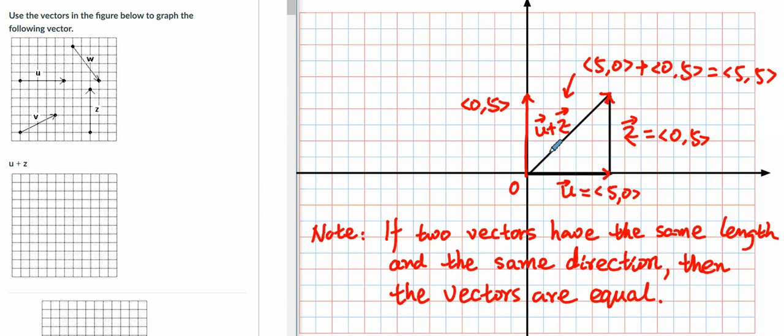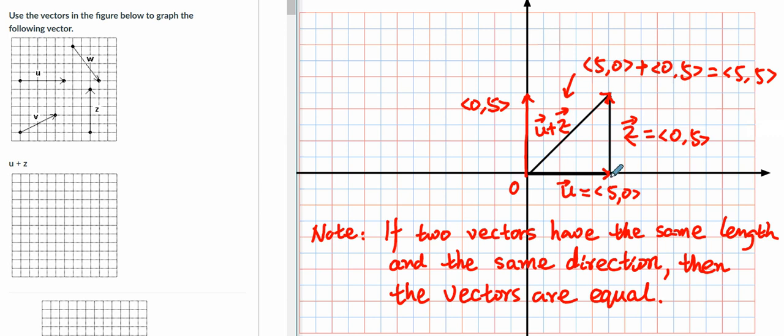Okay, so for the addition of two vectors, normally we do it by the triangle rule. The first vector starts from origin and ends anywhere. Then you put the second vector, the initial point on the ending point of the first vector.